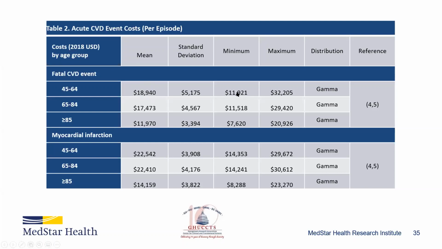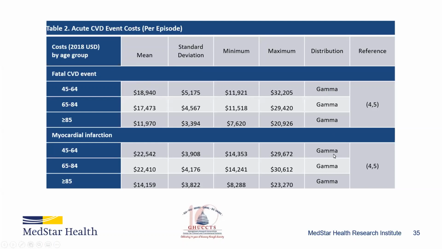And so what we do is we specify a theoretical statistical distribution that models these data. For costs, you can see that we are using a gamma distribution. Each one of these for different age groups would have a different gamma distribution.